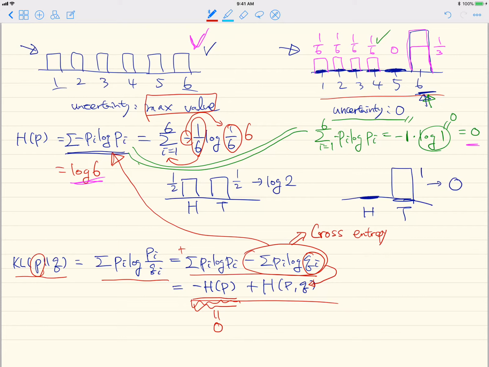And then this KL divergence is actually the same as something called the cross entropy, defined as this, right?